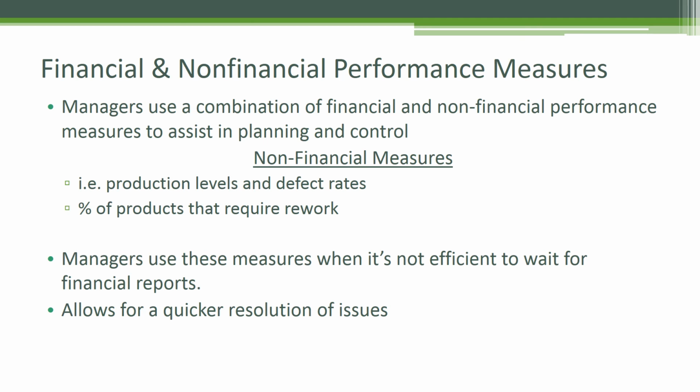Variances will be noticed and will be addressed in a timely manner. In addition, employees and managers stay on the same page with regards to production statistics and overall department performance. The ability to keep production workers and management on the same page will ultimately only increase the overall performance of the department and the company.